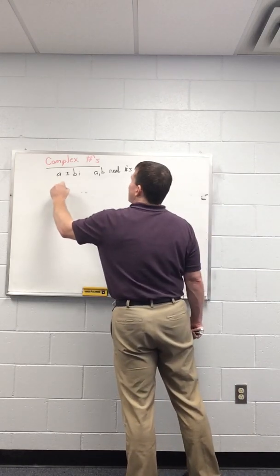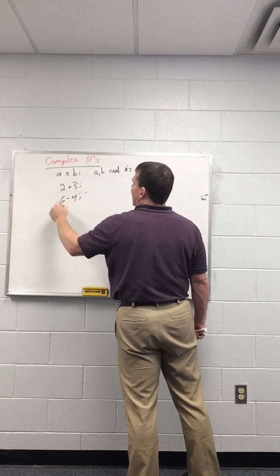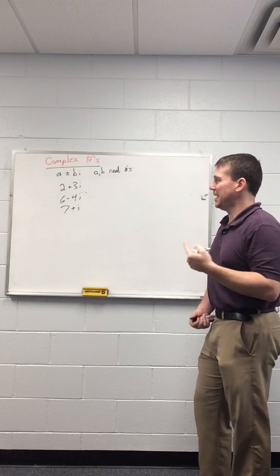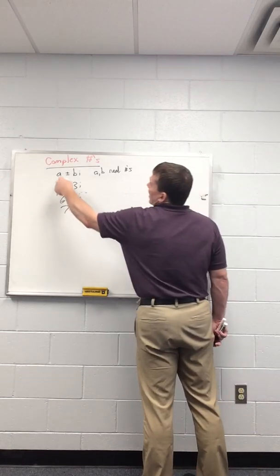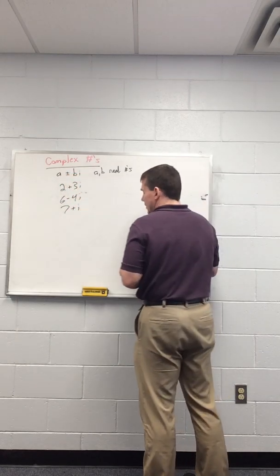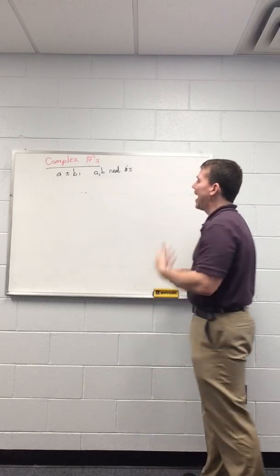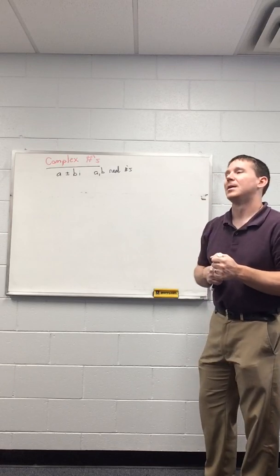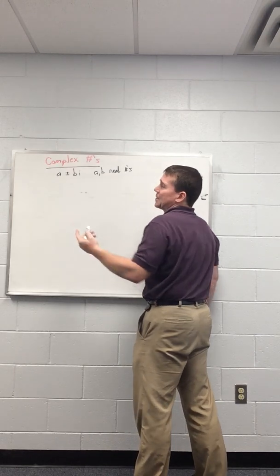So if I have something like 2 plus 3i, 6 minus 4i, 7 plus i, all of those are complex numbers in standard form, and that's the form you have to write them in: a real number plus or minus a real number times i. We'll go through the different things that can occur and how to algebraically manipulate complex numbers to get that standard form. So we're going to run through the operations, starting with addition and subtraction of complex numbers.